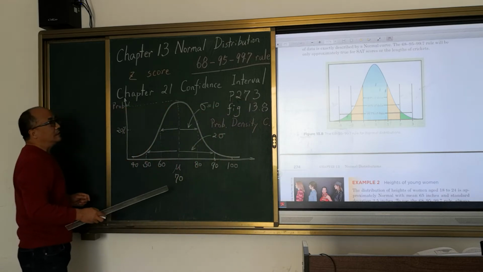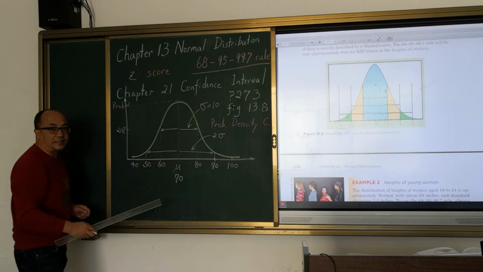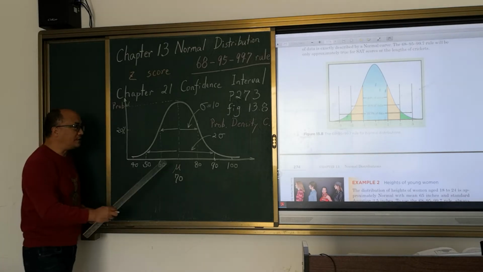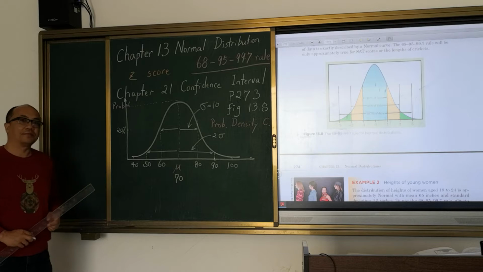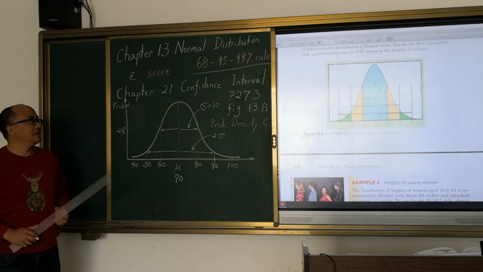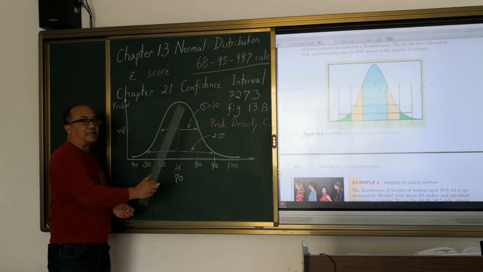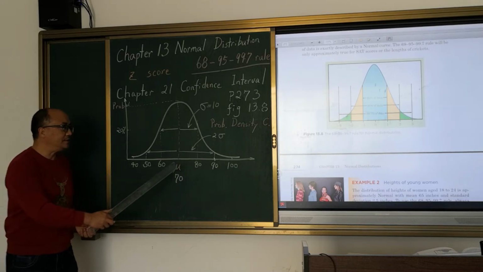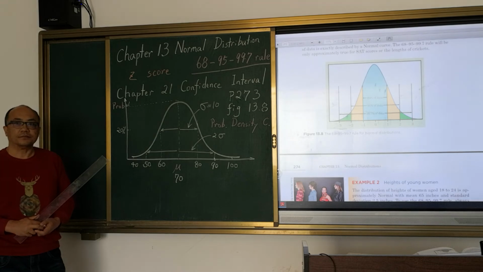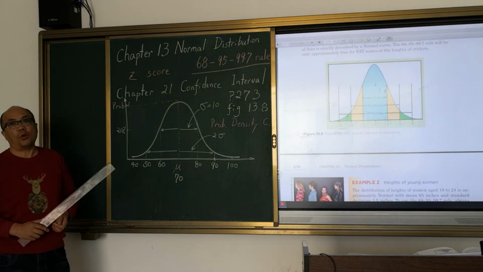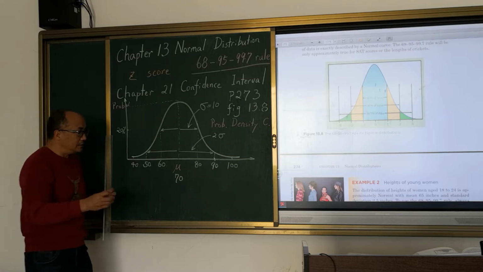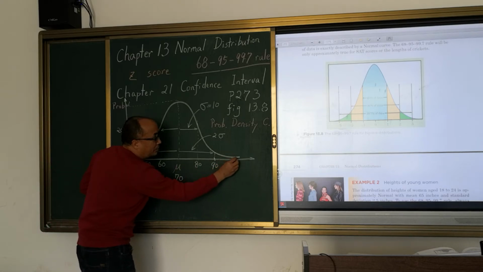So 99.7% of students, their score is between 40 to 100. It's not 100%. There's still a little bit.